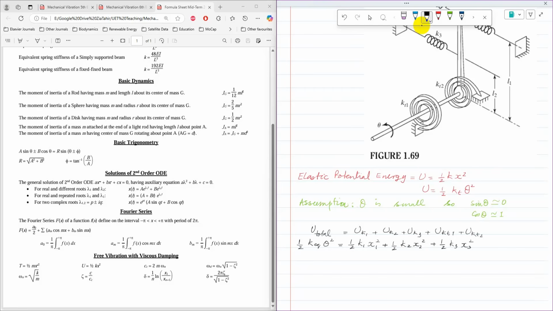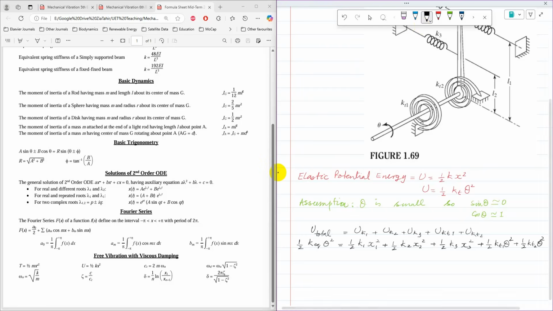For both of the torsional springs, because they are on the same shaft, their displacement will be the same, which is theta, giving half kt1 theta squared plus half kt2 theta squared.